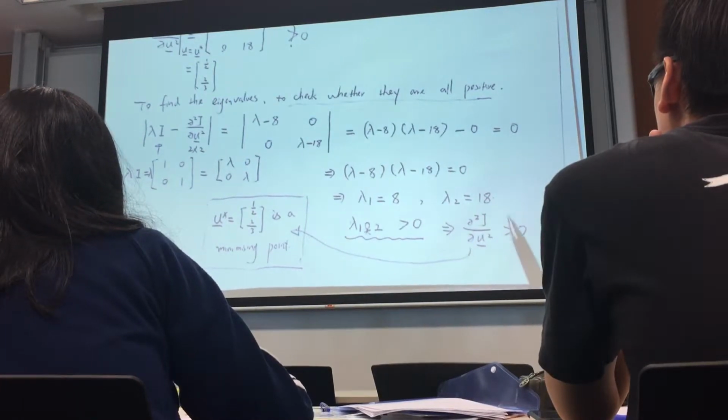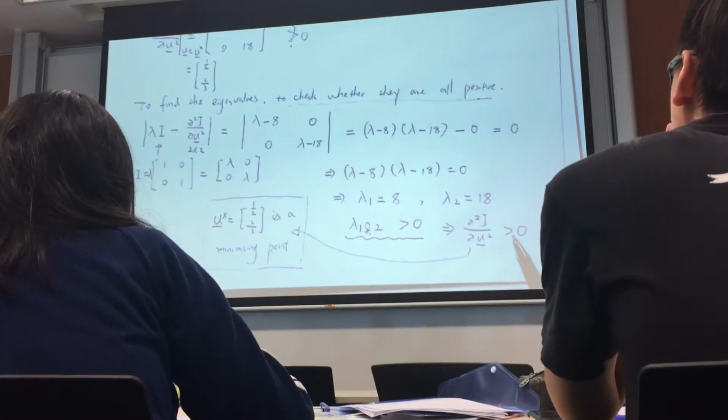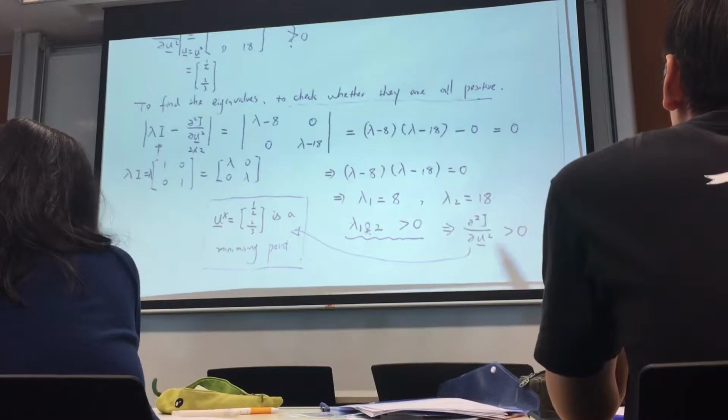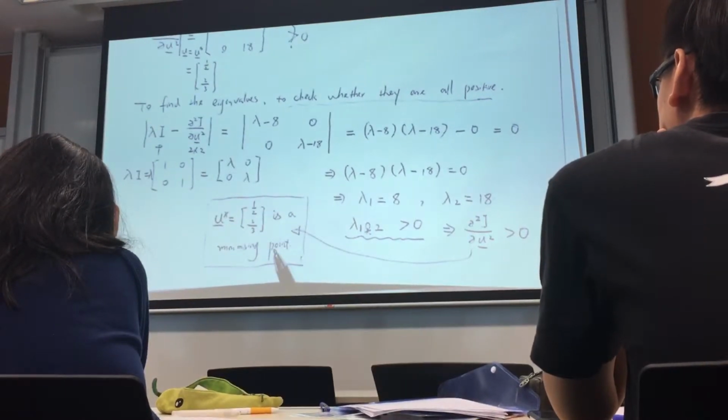So the matrix itself is constant positive definite. Because this is positive definite, we know we have the right solution.